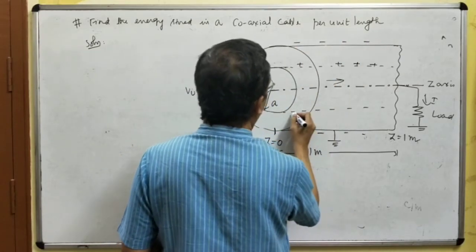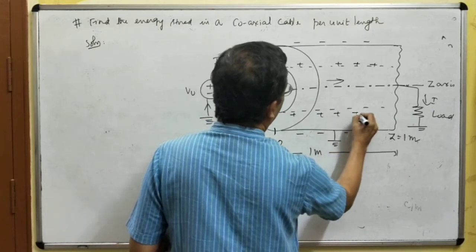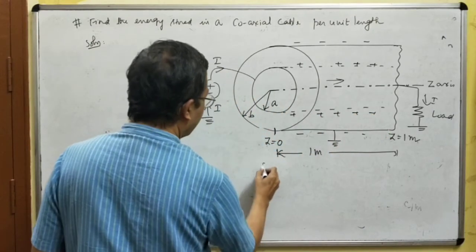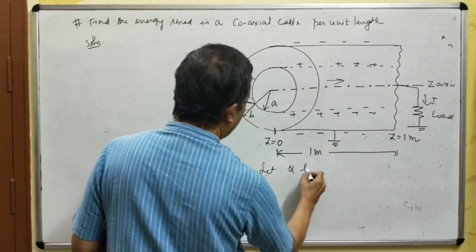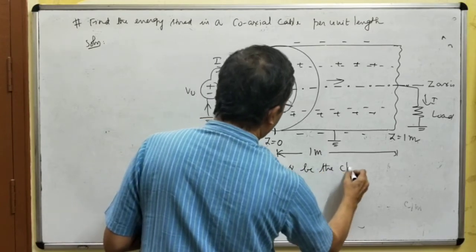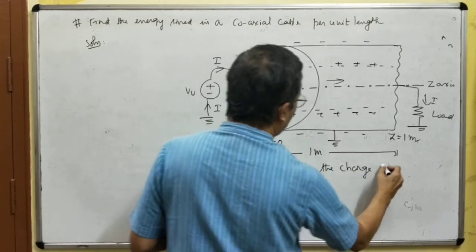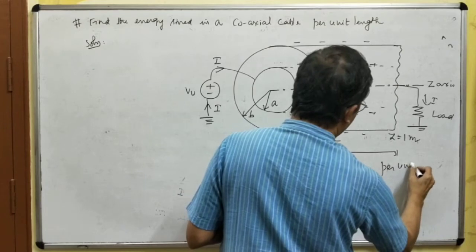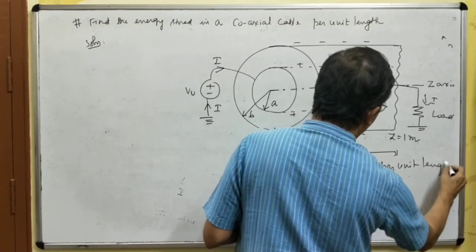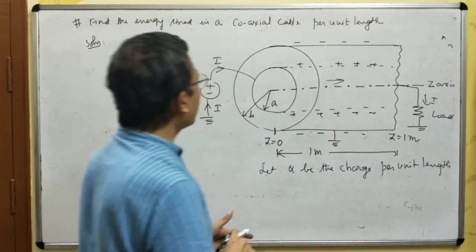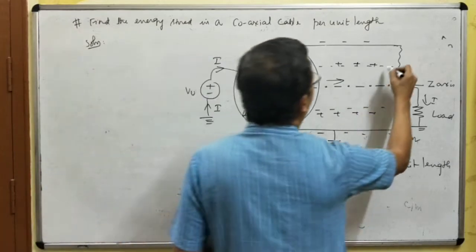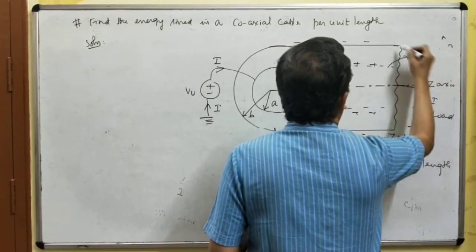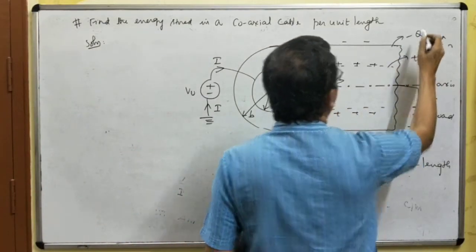Let Q be the charge per unit length. Therefore, the inner conductor carries a charge of plus Q. Outer conductor carries a charge of minus Q.